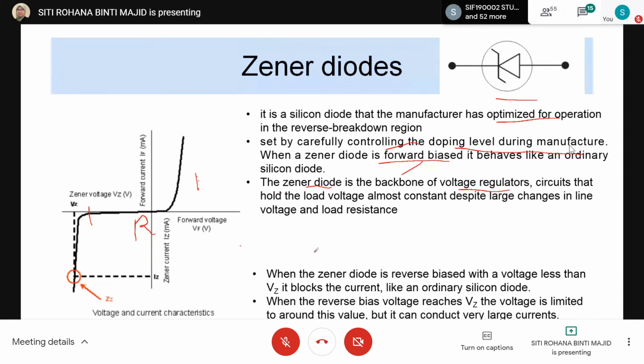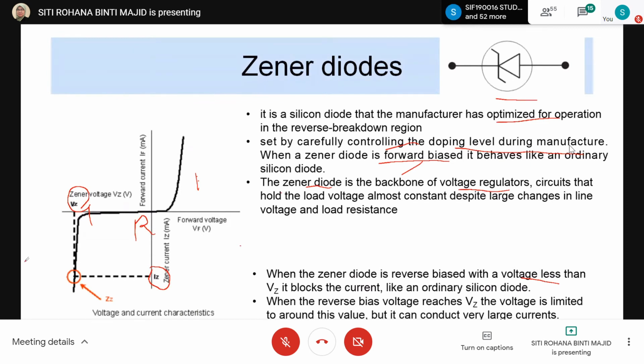There are a few facts that we should know about the Zener diode: we have IZ, the current for the Zener, and the Zener voltage. When the Zener diode is in the reverse bias region with a voltage less than VZ, it will block the current like a normal silicon diode.